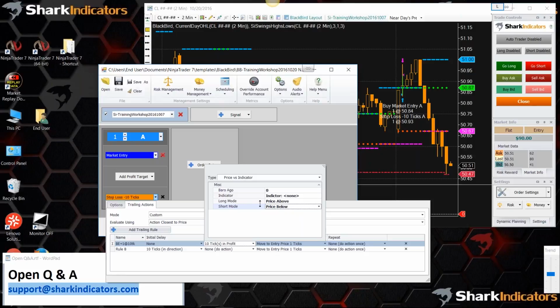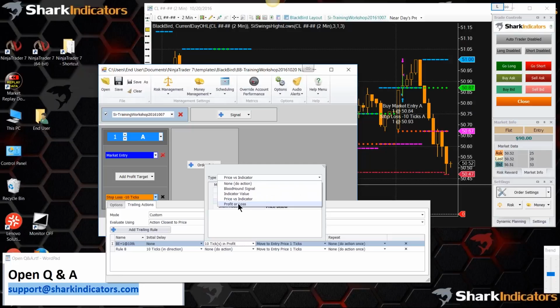So if price ever goes above some moving average, that's our triggering event, and then we'll move our stop loss somewhere, something like that. So once again, just very simple indicator logic built into BlackBird.